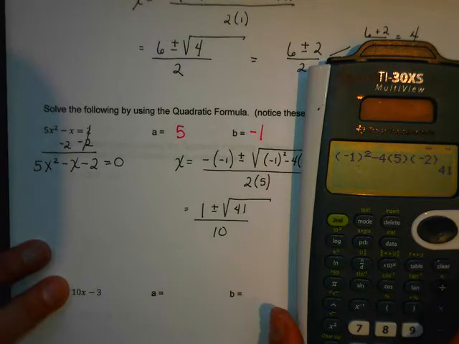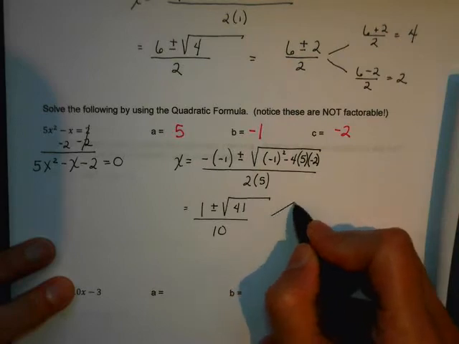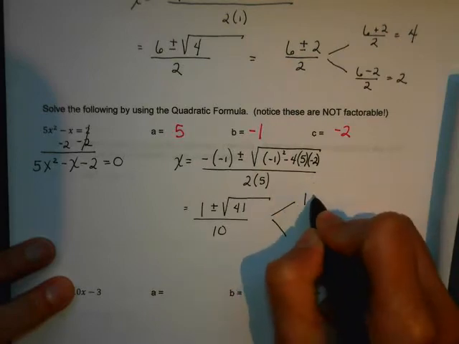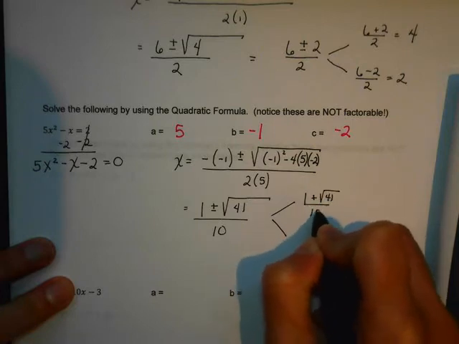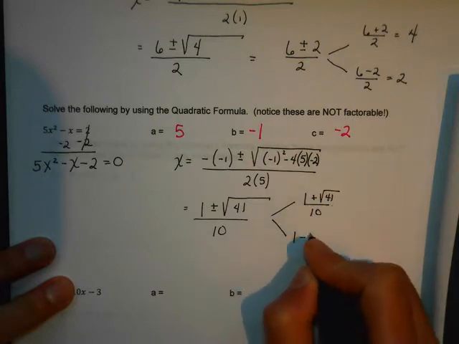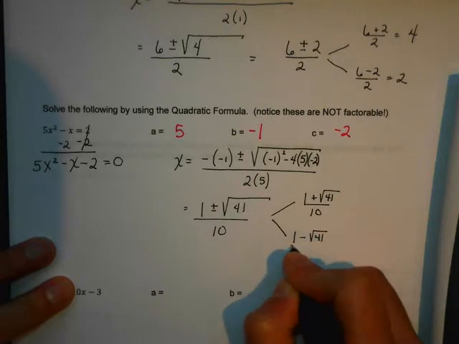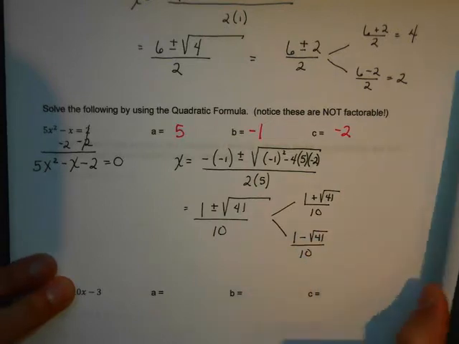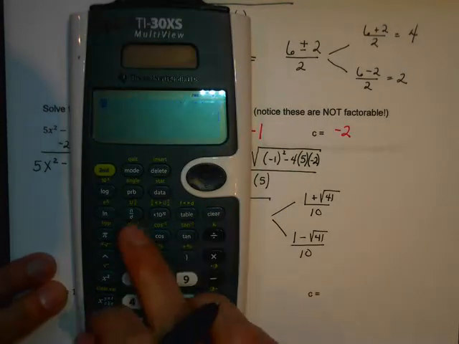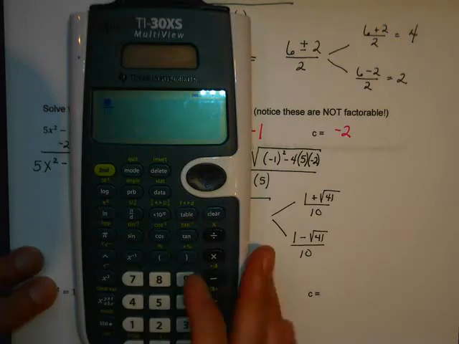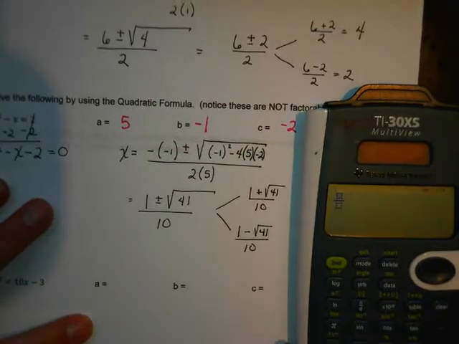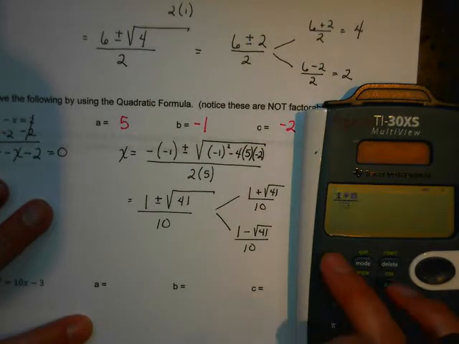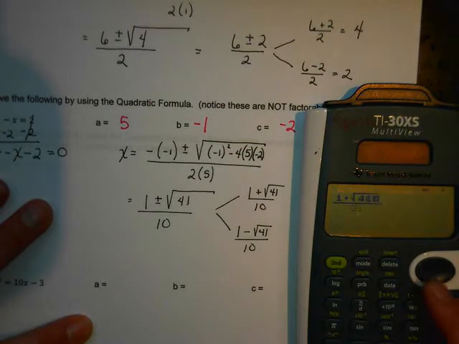So now I'm going to put the two answers into my calculator. And we've got 1 minus the square root of 41 all over 10. Okay, so in one fraction, in the upstairs, it's better right there, I've got 1 plus the square root of 41, and that's all over 10.